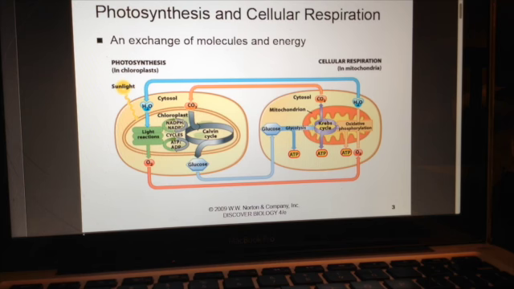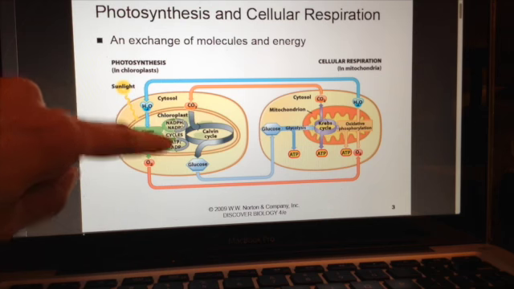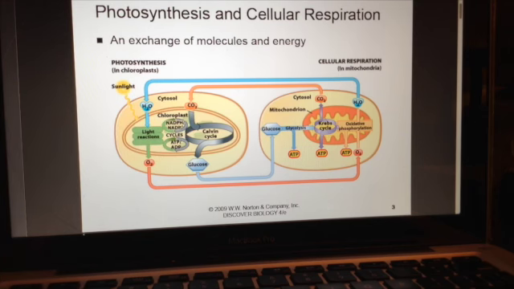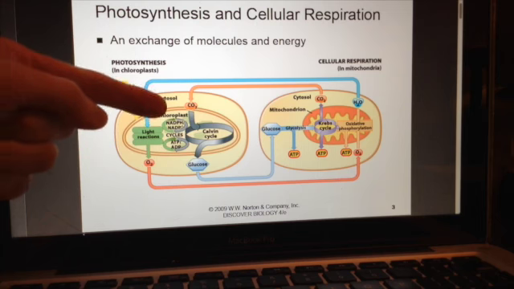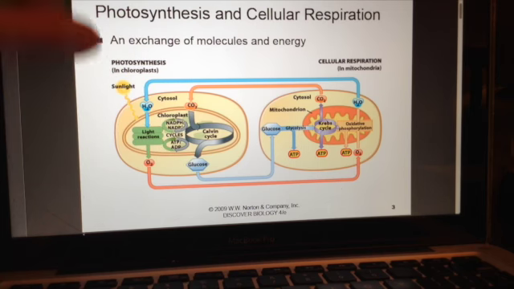So what's coming into photosystem 1 is your proton gradient and your electrons. What's leaving, you see here, is NADPH and ATP going into the Calvin cycle. The Calvin cycle is taking in NADPH and ATP, it's taking in carbon dioxide, and it's producing glucose.